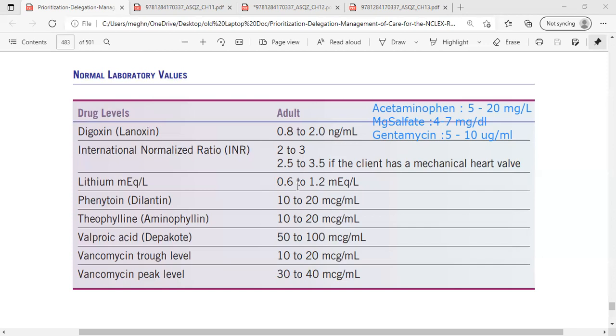If the patient develops hyponatremia, the sodium level goes down, which increases the risk of lithium toxicity. The NCLEX board frequently asks a question: lithium is good to take with food. If a patient has lithium toxicity, when it is more than 1.2, there is a chance of toxicity.